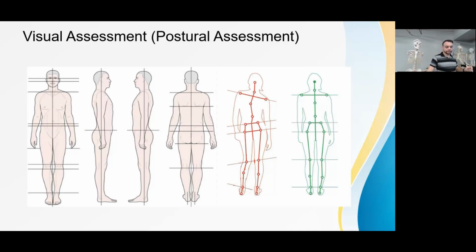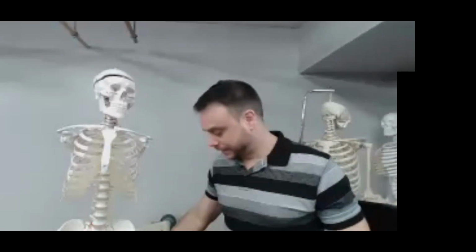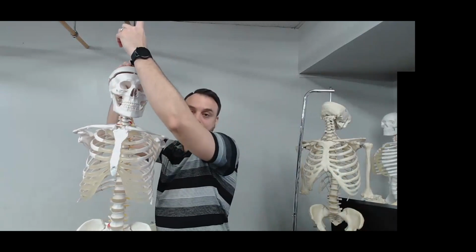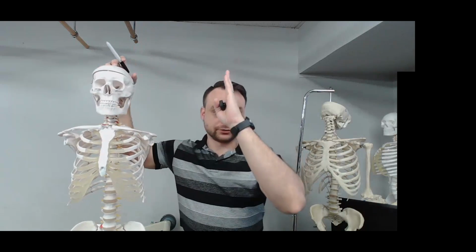How we do this is, we typically have the client stand in front of either a grid or behind what's called a plumb line. A plumb line is literally just a piece of string with a weight hanging from the ceiling that's going to create a straight line. And then we have the client stand in front of that.